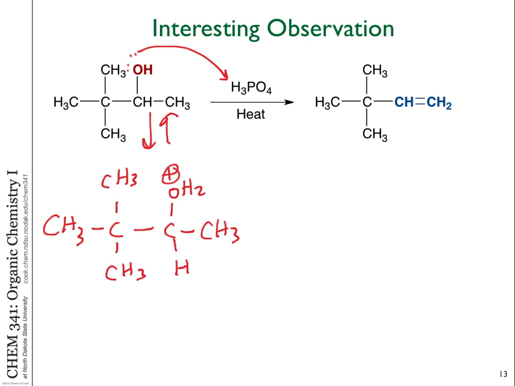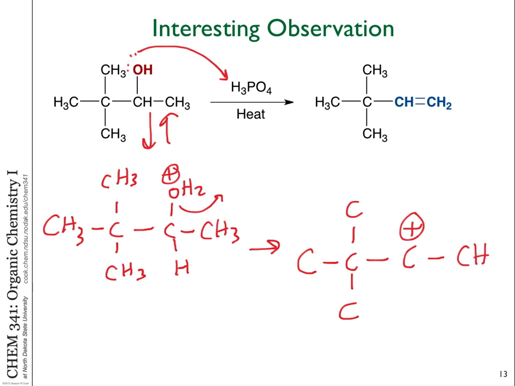Then that can undergo loss of the OH2 group. The water can come off to form our carbocation intermediate. Forgive me for leaving off the hydrogens for a moment. I'll draw them here. That carbocation intermediate, if you simply eliminate the hydrogen on the end, you'll get to the product, right? That explains that product, but that's a minor product.